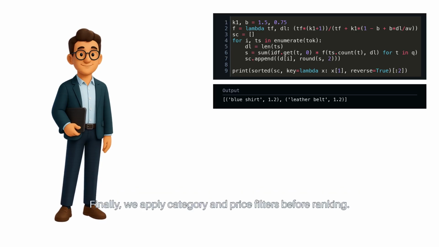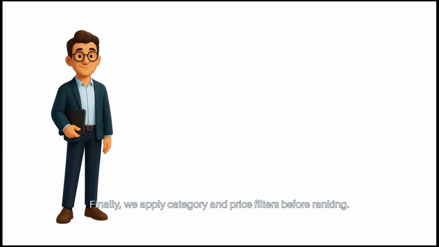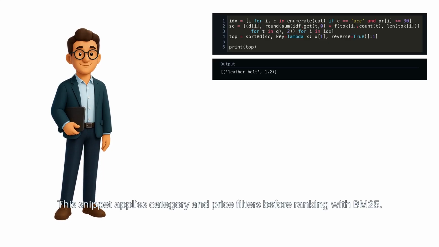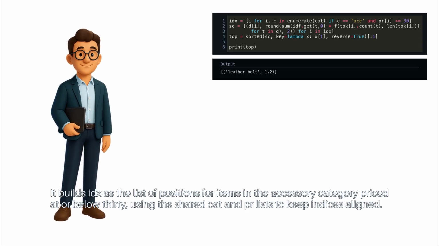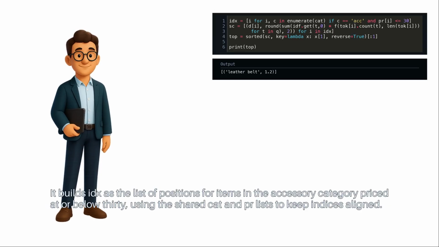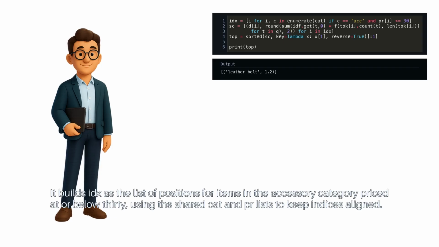Finally, we apply category and price filters before ranking. This snippet applies category and price filters before ranking with BM25. It builds IDX as the list of positions for items in the accessory category priced at or below 30, using the shared CAT and PR lists to keep indices aligned.